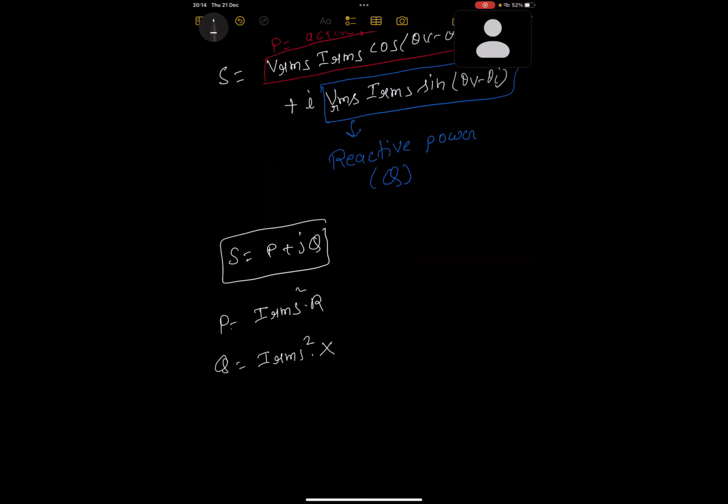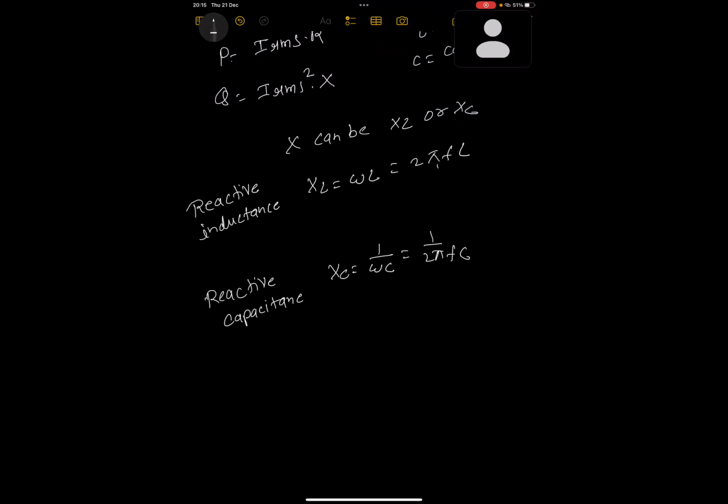Okay. So finally, you can say real power or active power, that is represented by the P. P equal to VRMS IRMS cos theta. This complete red box is important.